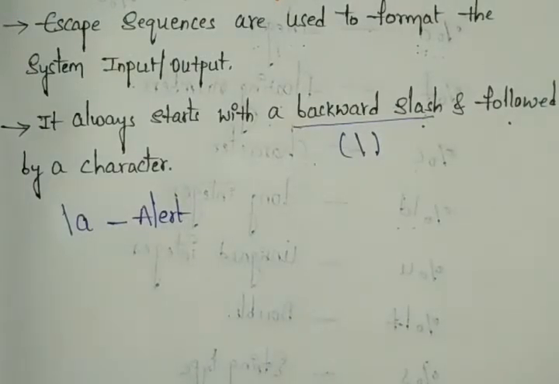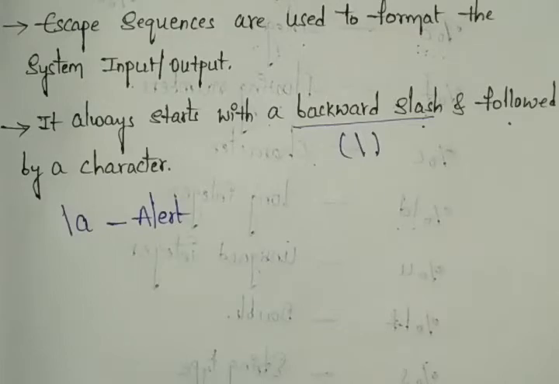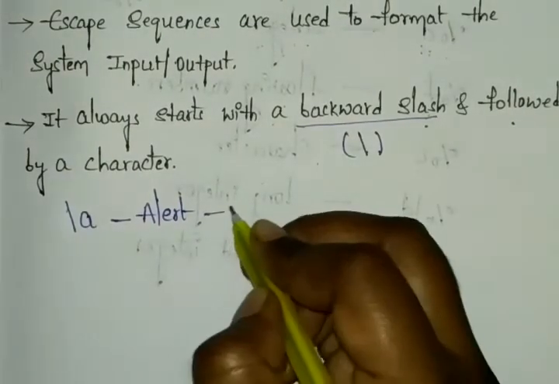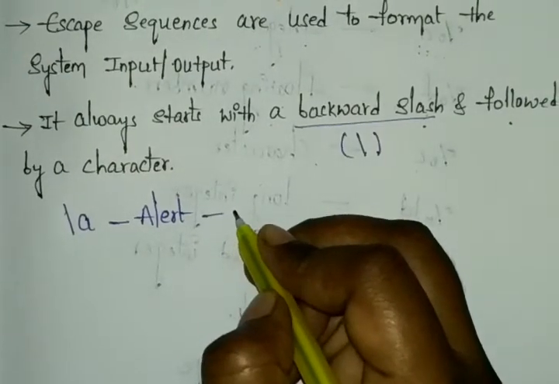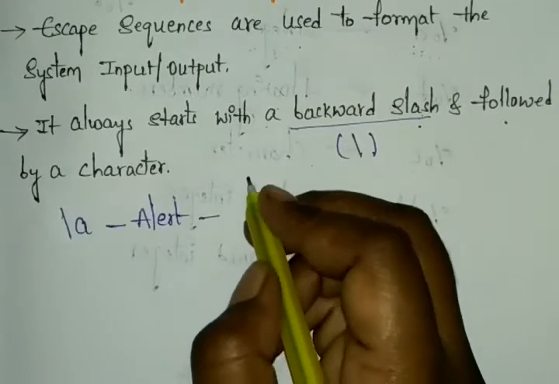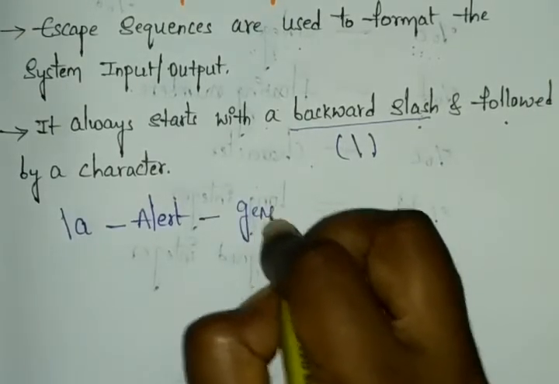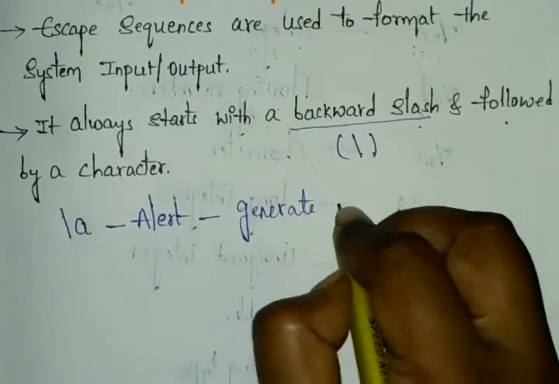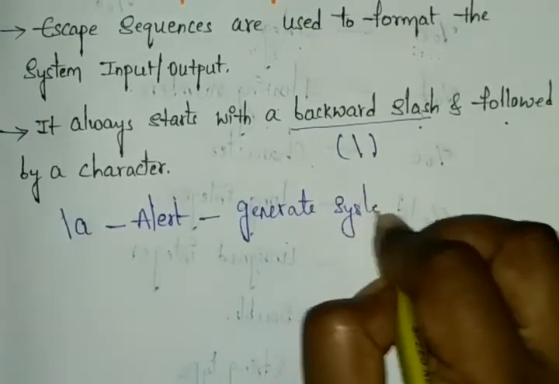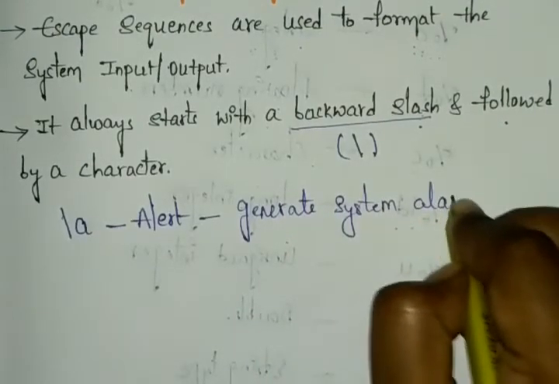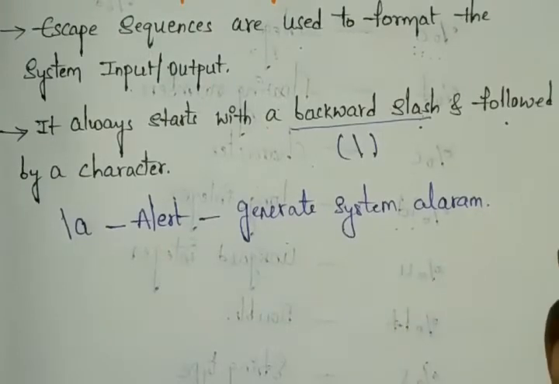If you need to generate any system alarm, at that time you can use the backslash with the a. So it is like your alert. It generates the system alarm.